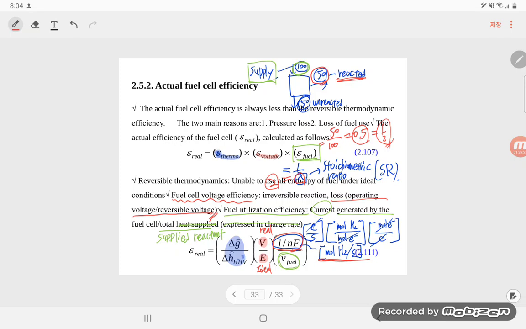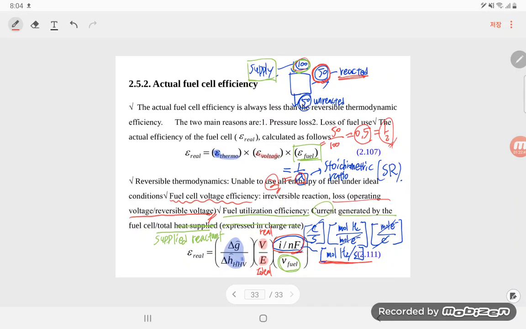That means if we want to make a reaction of 50, then by multiplying by this stoichiometric ratio, we should supply 100. That is the meaning of the stoichiometric ratio and the efficiency of the actual fuel cell. Okay, that is the end of chapter 2, and next time let's move on to chapter 3.